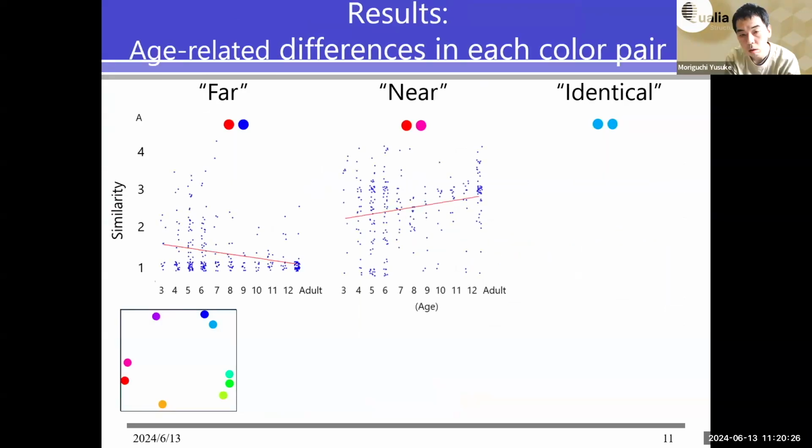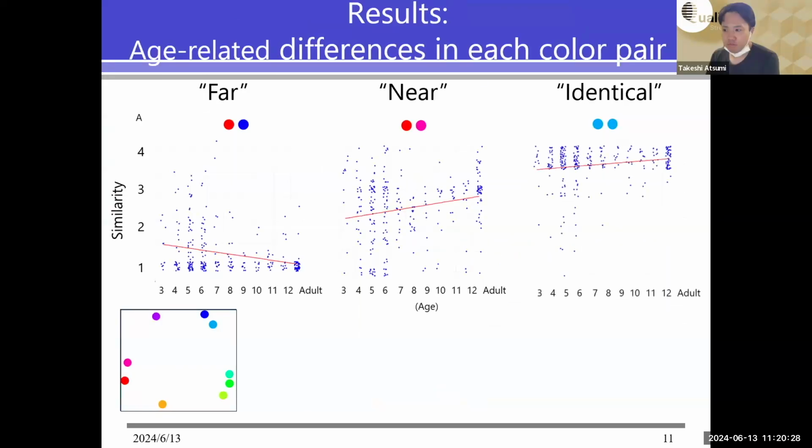This one? Yes, this one. In the FAR group, some adults judged red and blue are similar. So I'm wondering what is the source of this kind of judgment in the adult group? For example, receptor level or language level or something. Do you have any idea?